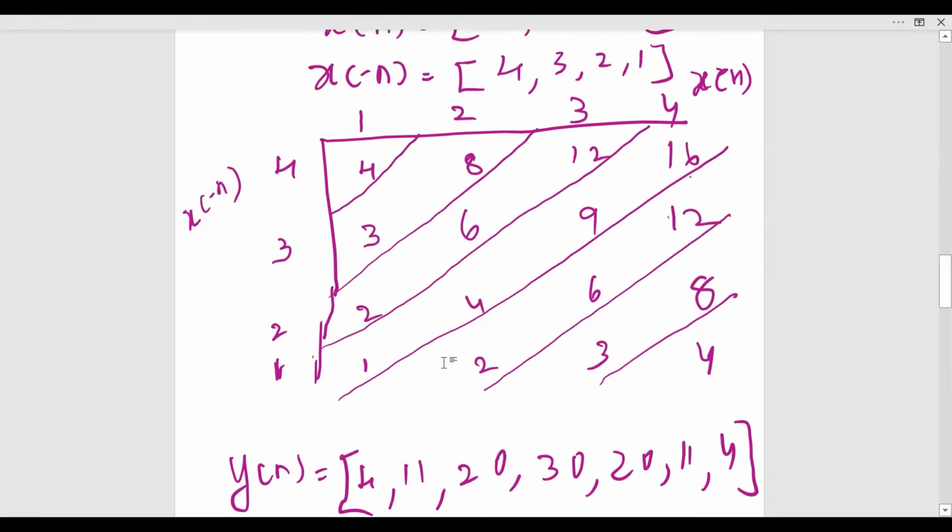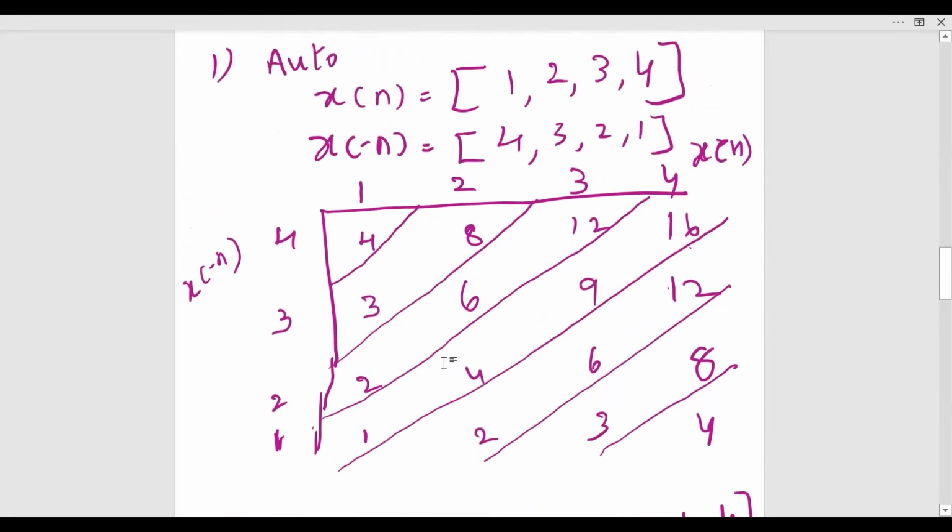Let me repeat the steps once again. Consider a signal x of n. Find the time-shifted version of the signal, that is find x of minus n by reversing the sequence, then we'll get 4, 3, 2, 1. Next, construct a table by taking the values of x of n horizontally and x of minus n vertically.